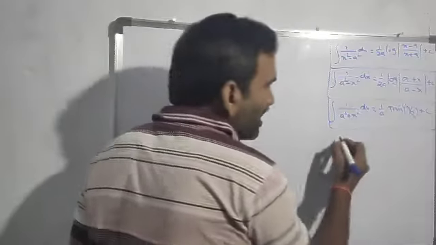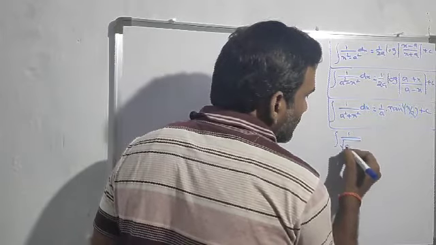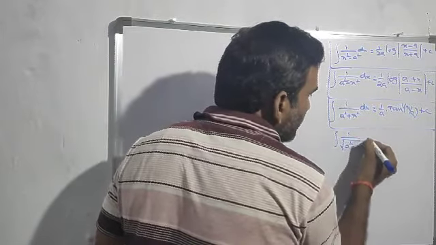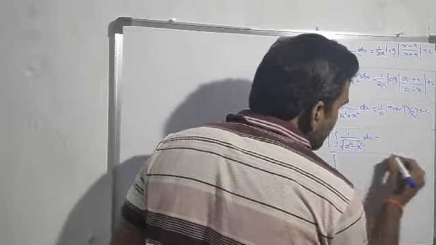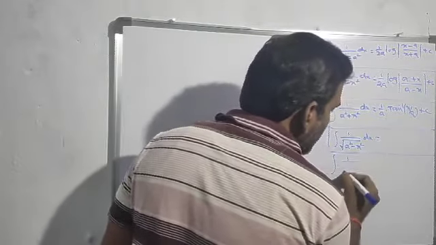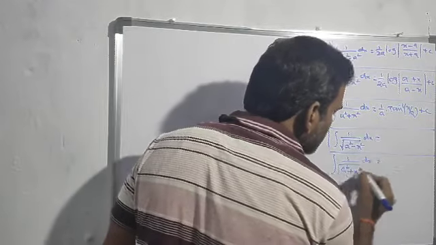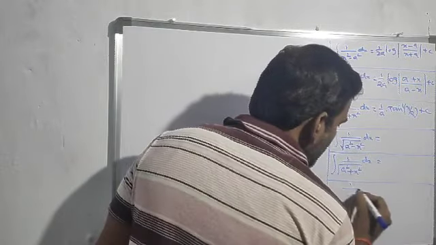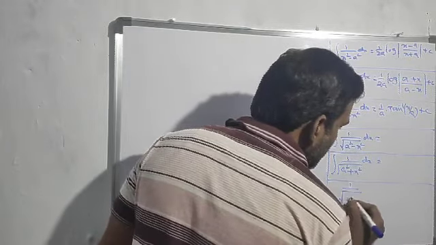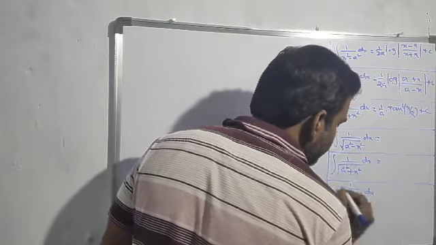Then 1 by root of a square minus x square into dx, 1 by root of a square plus x square into dx, and 1 by root of x square minus a square into dx integration.